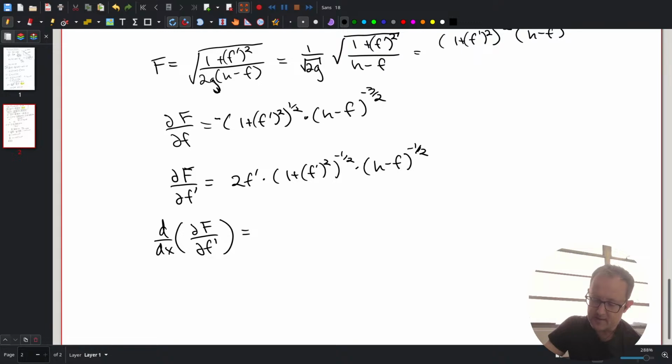equals, so now it's going to be a little wacky, but we'll get through it because I need to do chain rule three times. So first I can say 2f double prime times 1 plus f prime squared to the negative 1/2 times h minus f to the negative 1/2.